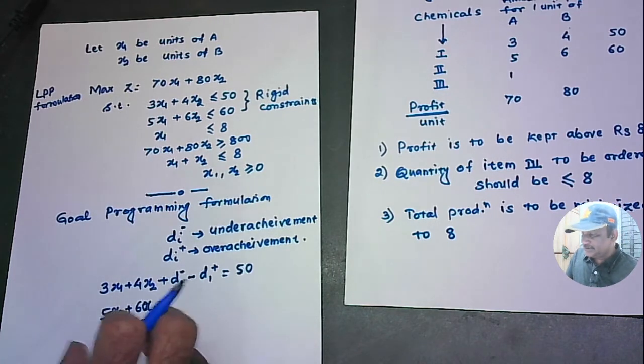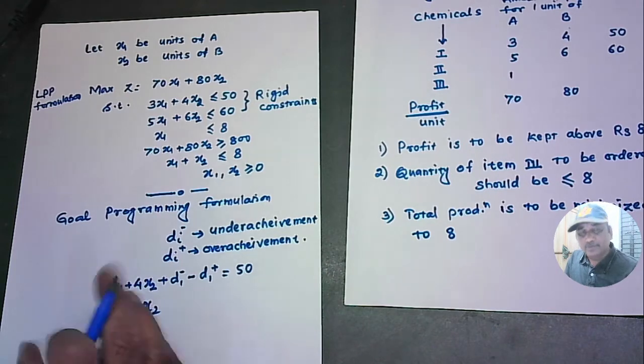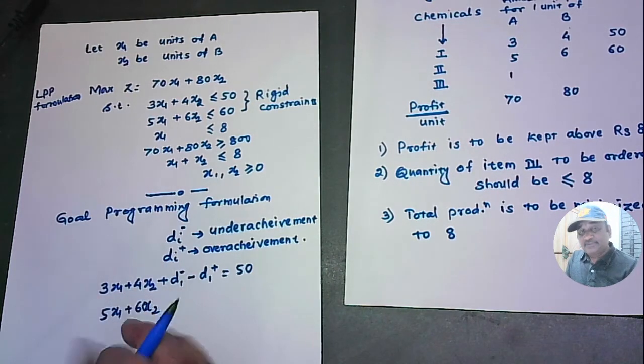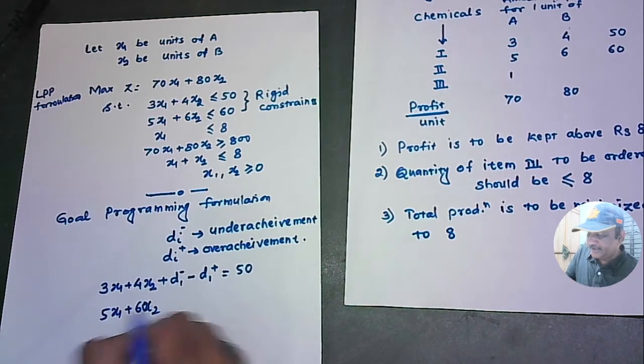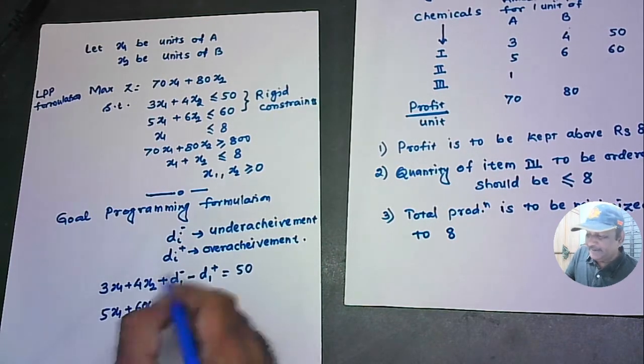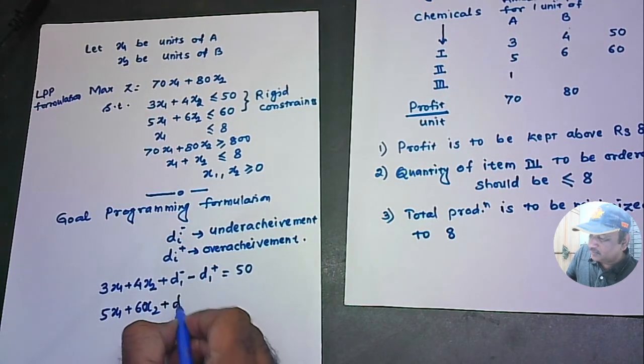Now, this side could be 50, for example, or 40. 40 means the underachieved amount has to be added to this left hand side. Like we added d1 minus, we will add d2 minus here.